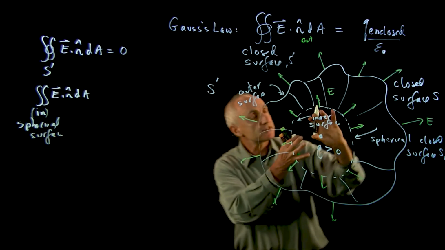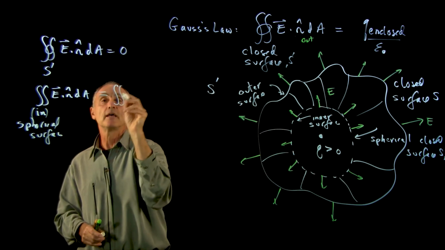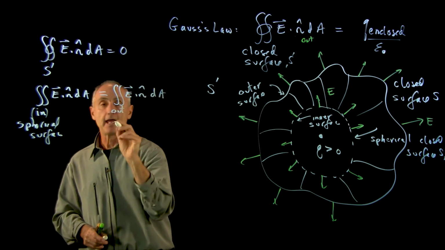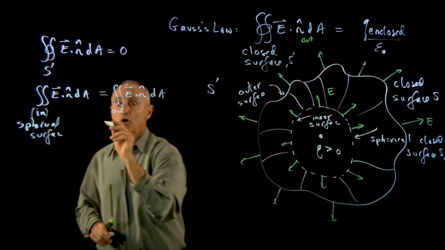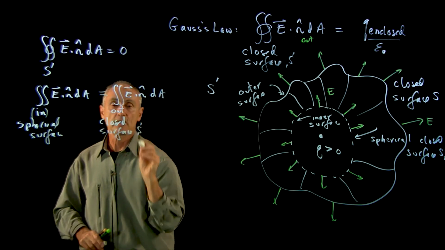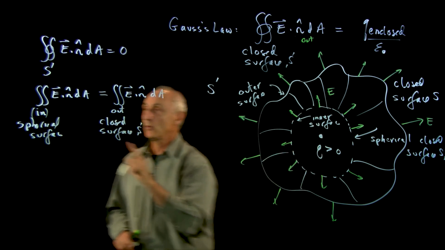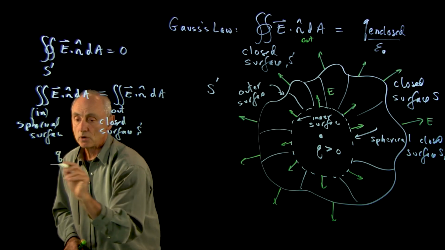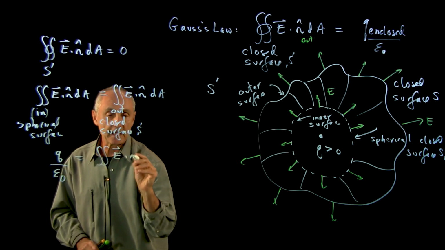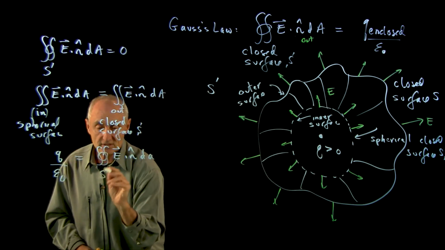So again, that's the flux that's going into our closed surface S prime is equal to the flux E dot n hat dA out, and the out is our closed surface S. And we've already calculated the flux through a spherical surface. We know that this is Q over epsilon naught, and that's equal to the flux E dot n hat dA through our outer closed surface, S.